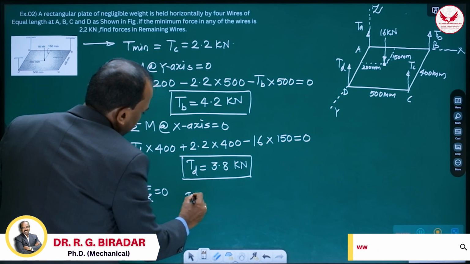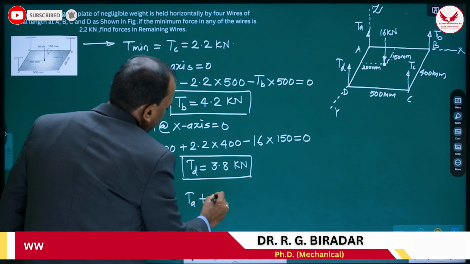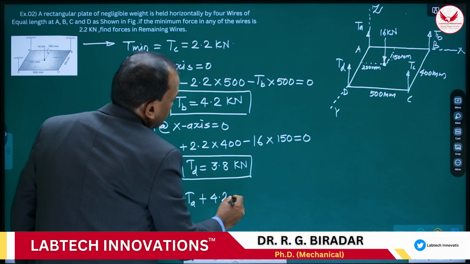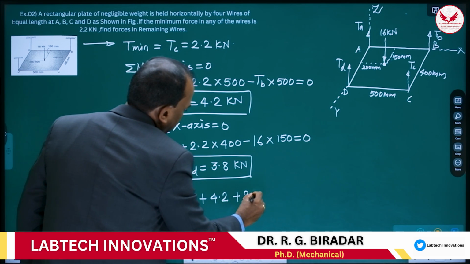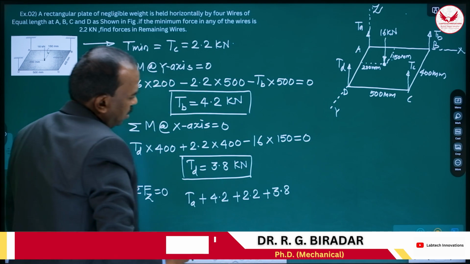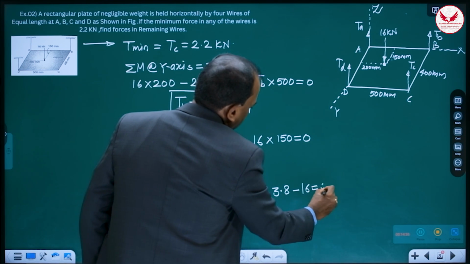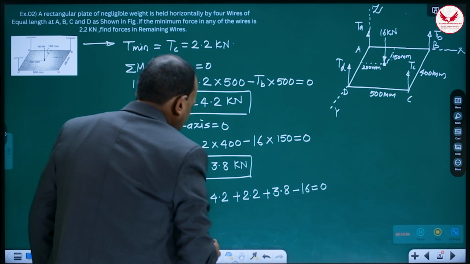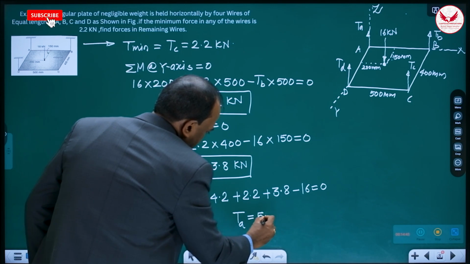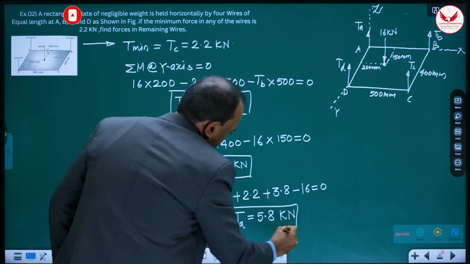TA, which is unknown, plus TB, TB we have calculated 4.2, plus TC 2.2 plus 3.8 minus weight, it is equal to 0, and we'll get TA is equal to 5.8 kilonewton.